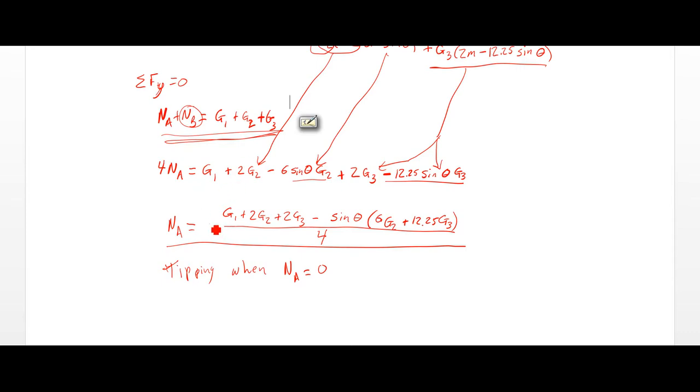I'm going to put a little g here where this is 9.81 meters per second squared. So that gets us an actual force in newtons. And then the other part was NB equals little g times g1 plus g2 plus g3 minus NA, excuse me.